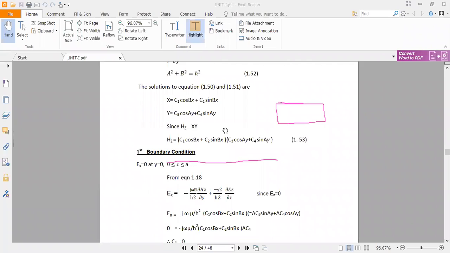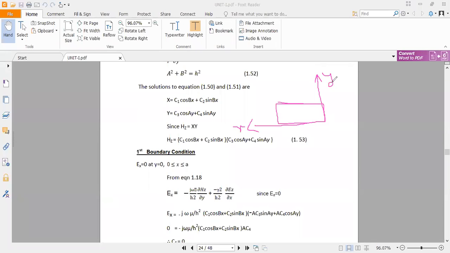That is the reason we take the Ex, Ey expressions, because it's a rectangular waveguide. See, this is the X direction, this is the Y dimension.